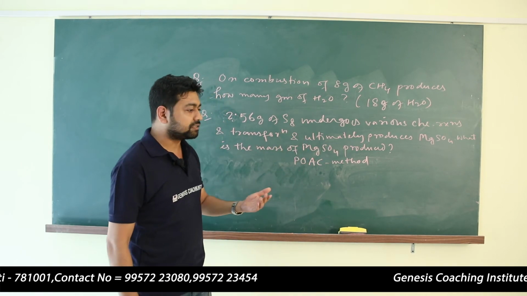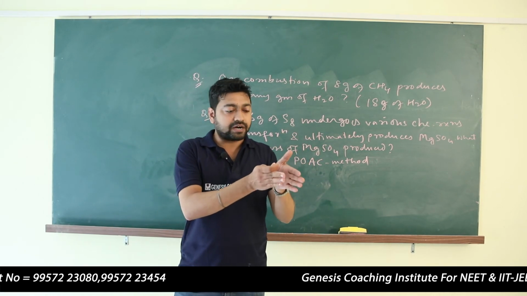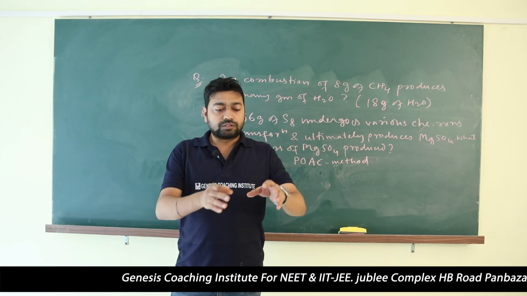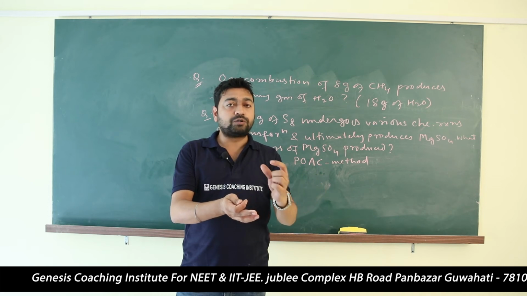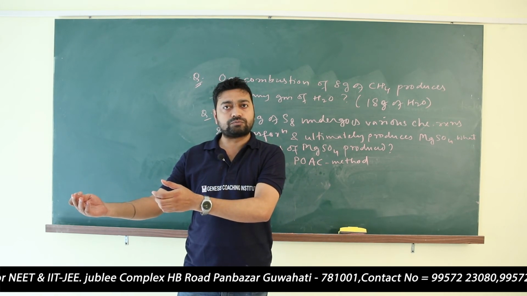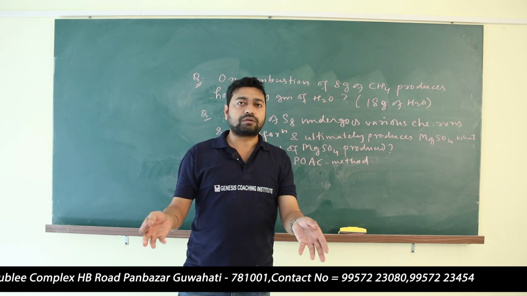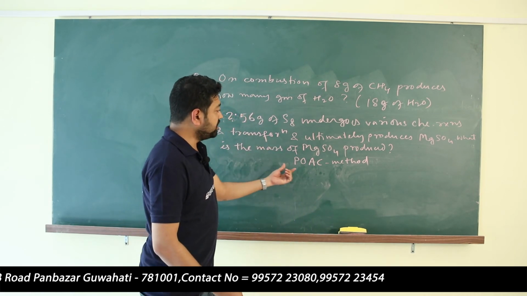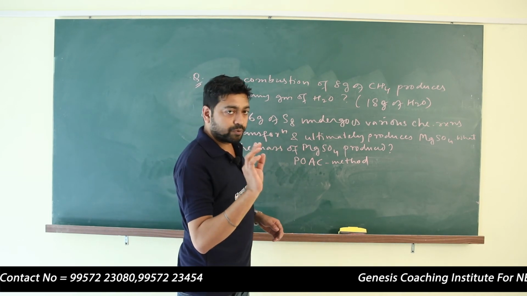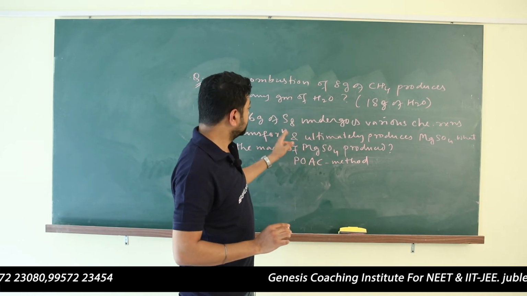For example, in case of carbon dioxide, in the reactant part, carbon and oxygen give CO2. So in the reactant side, 1 carbon, 2 oxygen atoms. In the product side, 1 carbon and 2 oxygen atoms also. So neither created nor destroyed. So this is the POAC method. Here 2 conditions are important for this type of question.